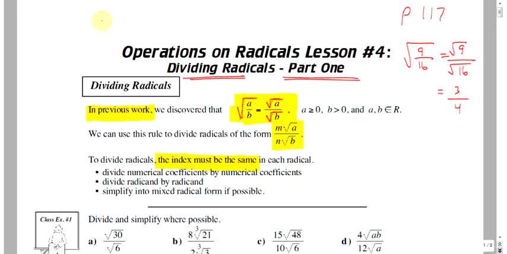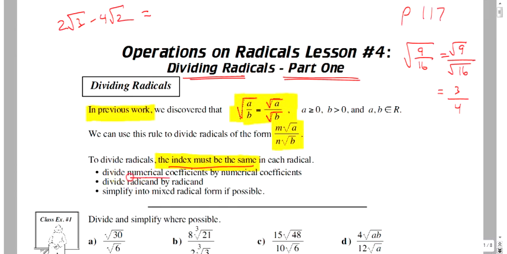Just like multiplying. So how did we do this? What were the rules? First of all, can I multiply it? I can multiply it if the index is the same. Is the index the same? Yes. What do I do?